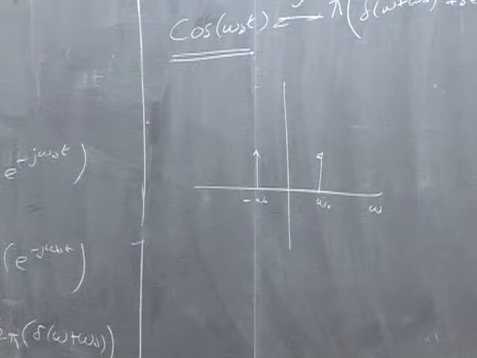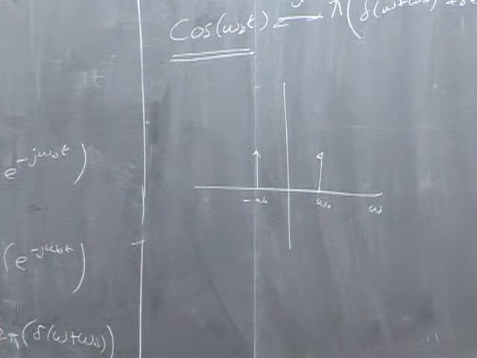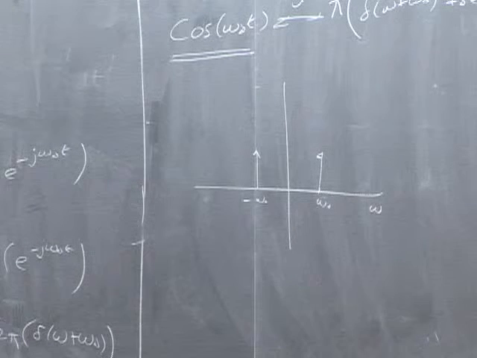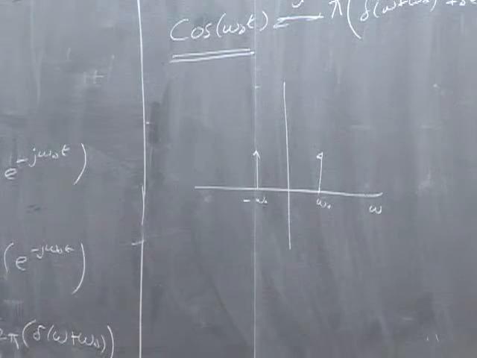We can think of them as two counter-rotating phasors, because one is positive frequency and one is negative frequency. If you take two phasors at opposite frequencies and add them up, you get a real function of time, which is in fact a sinusoid. If you remember those two balls going round and round, those two phasors cancel out in their imaginary parts, and what you get is a simple cos omega naught t.